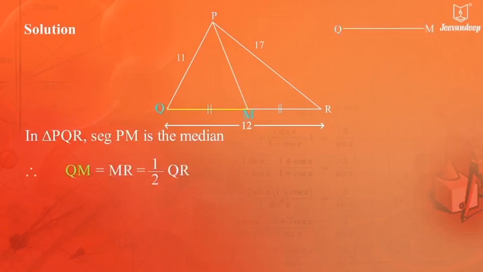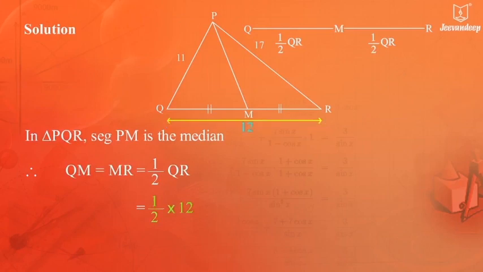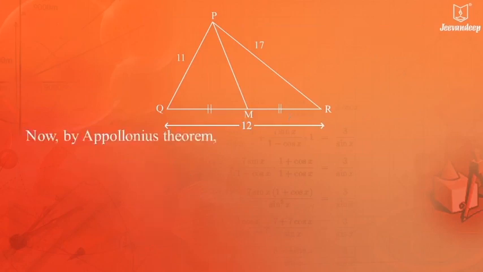Therefore, QM equals MR equals half of QR. Putting the value of QR from the question, we get half multiplied by 12 equals 6. Now, by Apollonius Theorem, PQ square plus PR square equals 2PM square plus 2QM square.